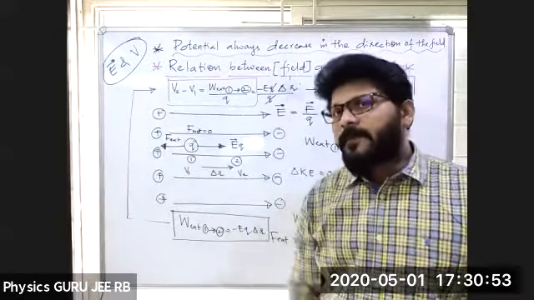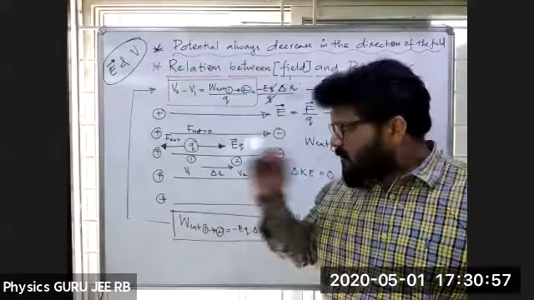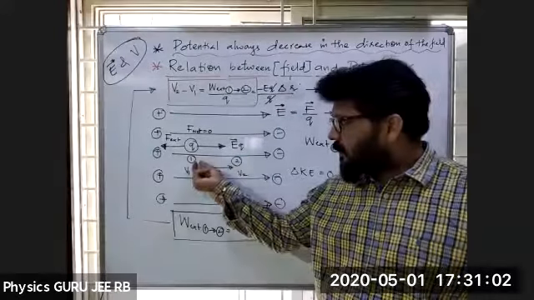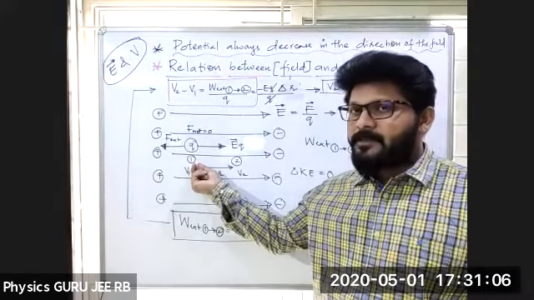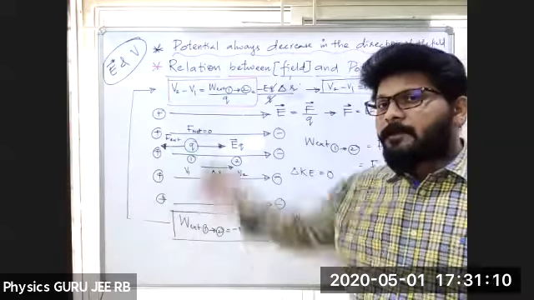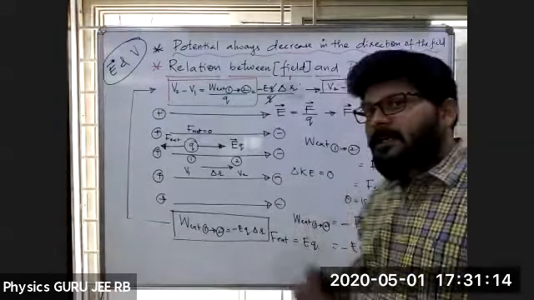Where is the question of external force that you will be applying? So what we'll do is apply the same magnitude of force that the electric field applies, that is the electrostatic force, in the backward direction in such a way that the change in kinetic energy is zero.